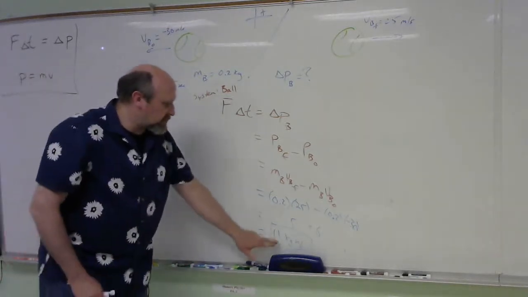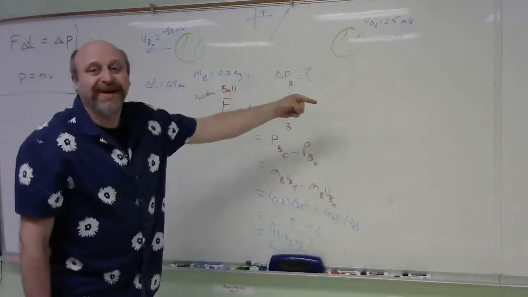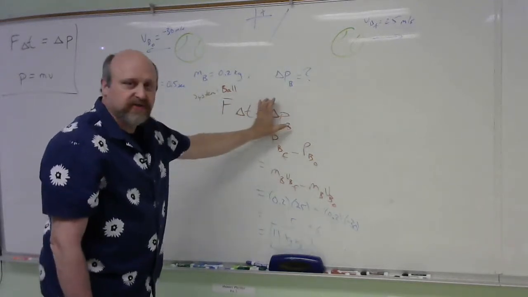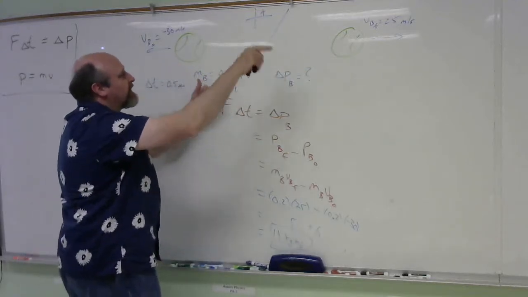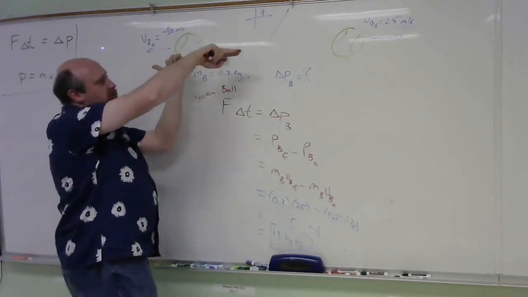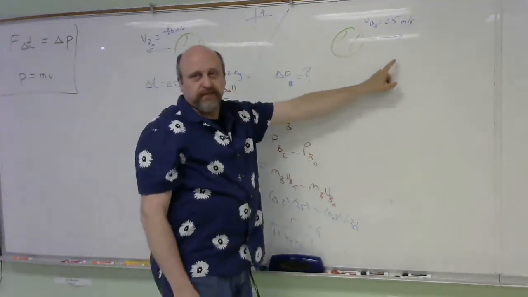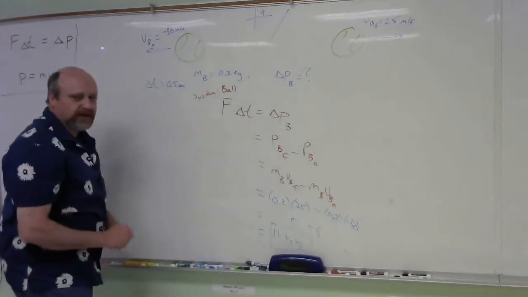Does it make sense to you that the change in momentum is positive? That means the change in momentum is to the right. Remember, delta P has a direction to it. I had a momentum to the left, and then I end up with one to the right. The initial plus the change gives me the final. That change better be to the right. Okay, so good enough. 11 kilogram meters per second.